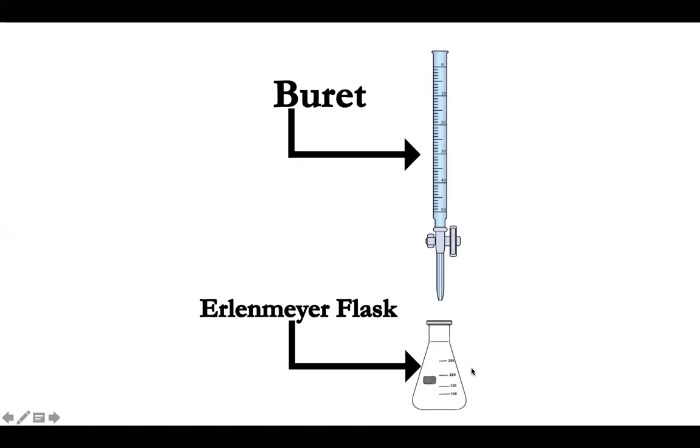As we drip the acid or base of known concentration down into the Erlenmeyer flask, we are going to begin to have a neutralization reaction. And we will also be using an indicator to figure out when it becomes neutralized.